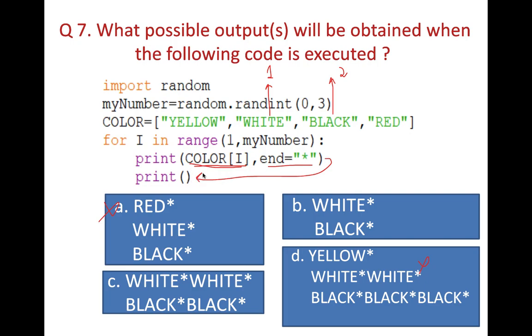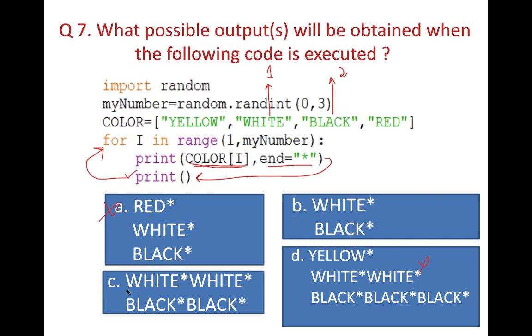After that, the loop will reiterate, this time with the value of I as 2, and then it will be black star, and then again the cursor will come to the next line. So after displaying a particular color and then the star, the cursor cannot stay in the same line because of this print function.